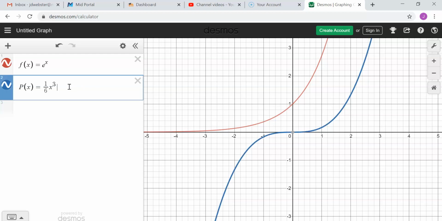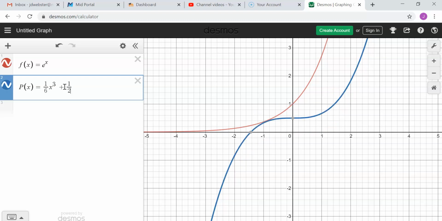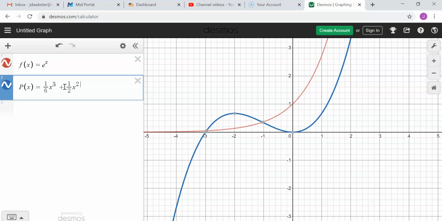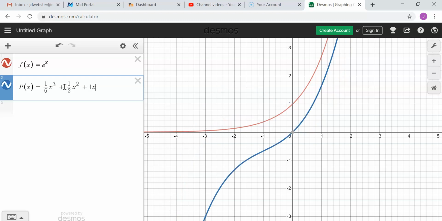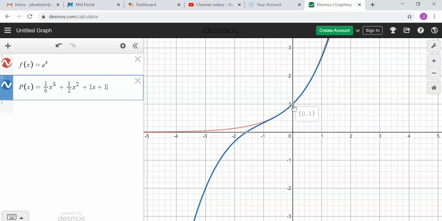So let's type in my polynomial, 1/6 x to the third plus 1/2 x squared plus 1x plus 1. So notice what that blue polynomial does. Right where x is 0, this blue polynomial really mimics the graph of e to the x really well.